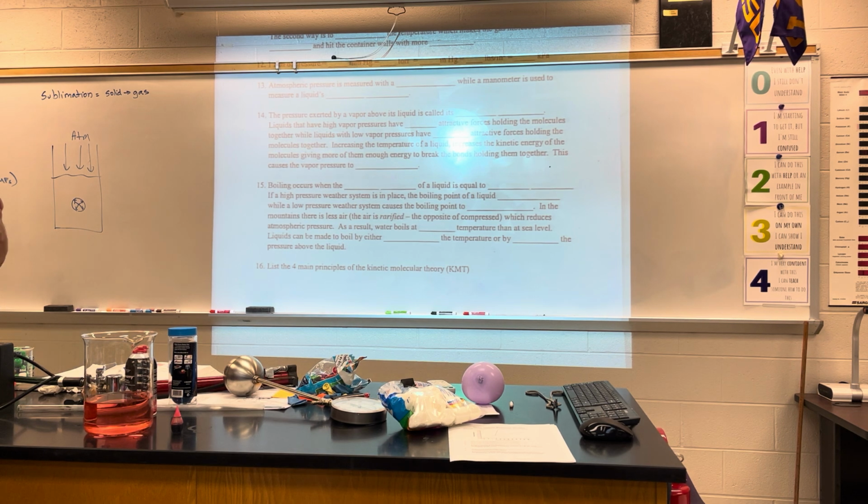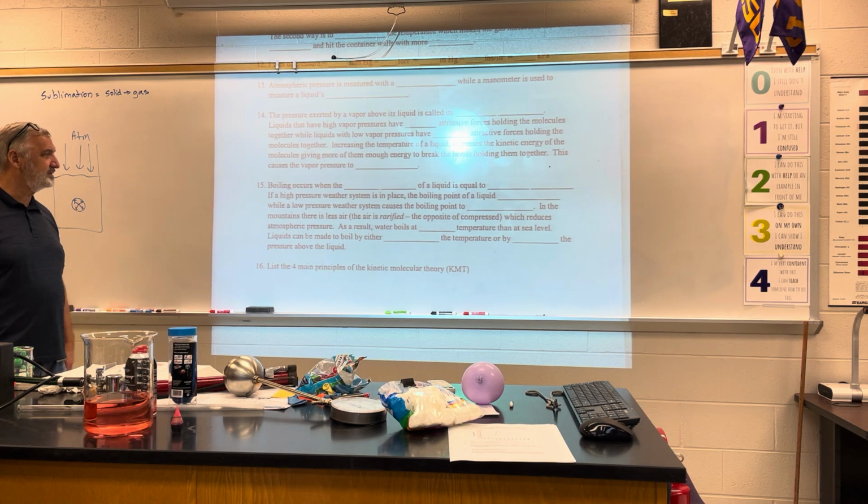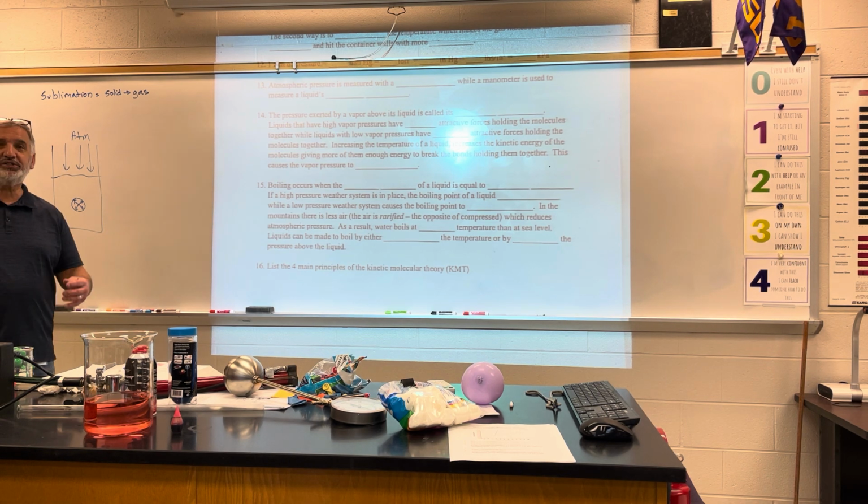Okay? So we did talk about all this. Boiling occurs when the vapor pressure of the liquid is equal to atmospheric pressure. If a high pressure weather system is in place, what happens to the boiling point? It increases, while a low pressure system causes the boiling point to decrease.